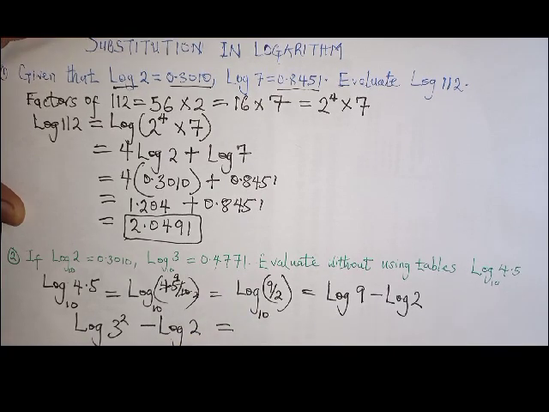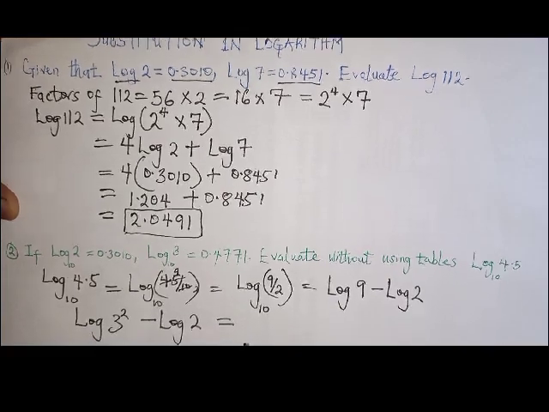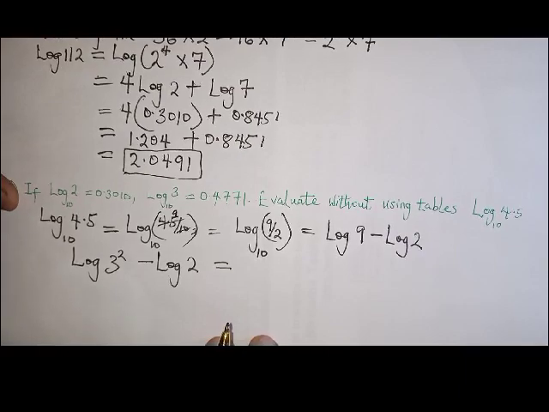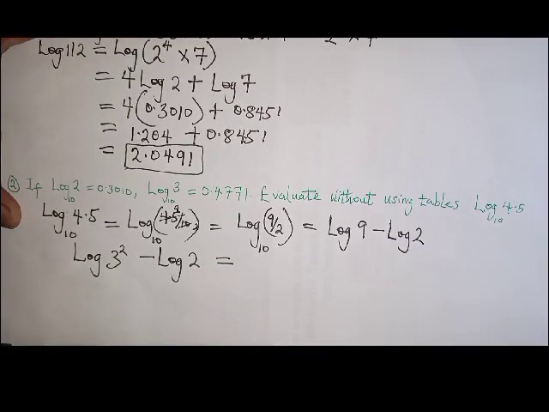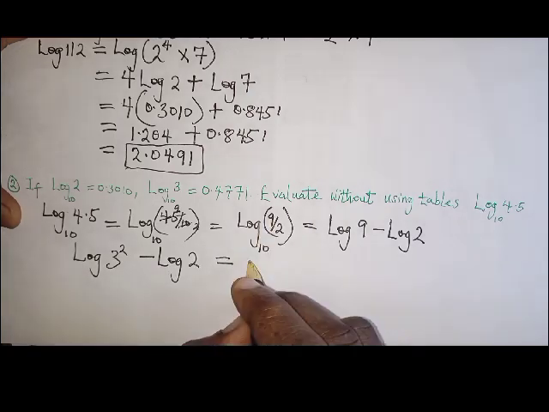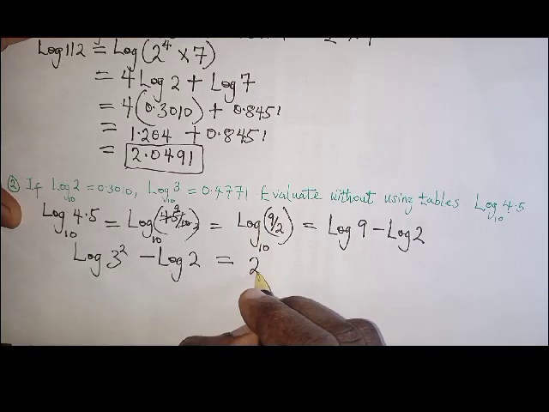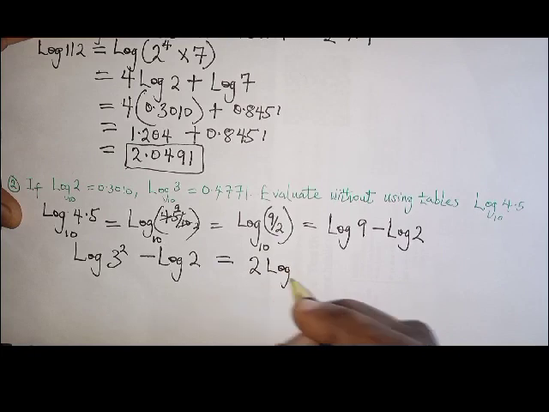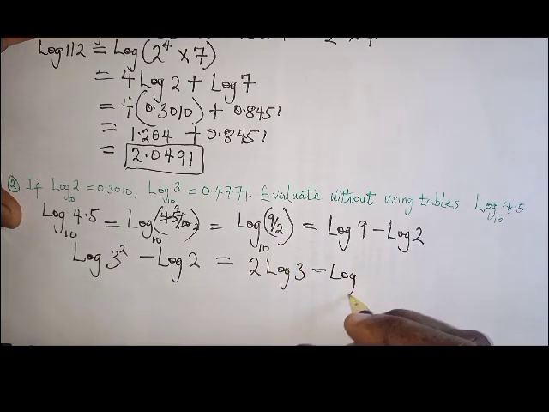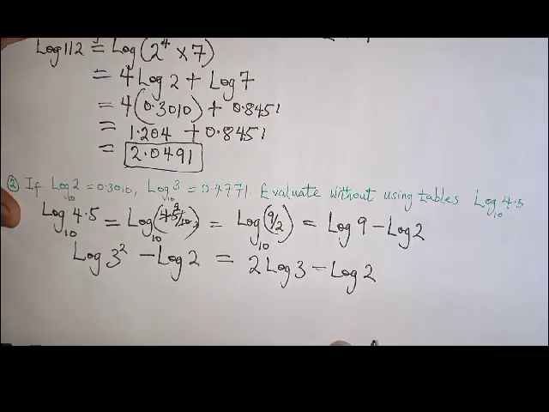Also, log 3 squared is going to become 2 log 3. So this is going to be 2 log 3 minus log 2.